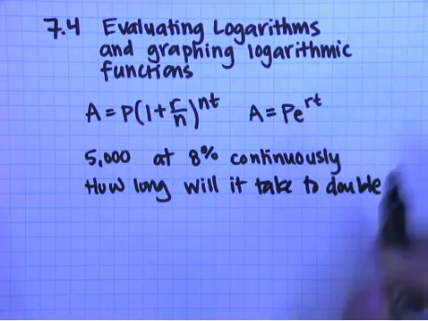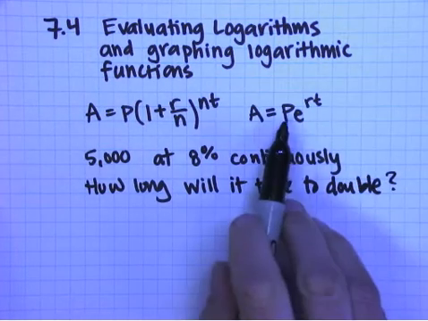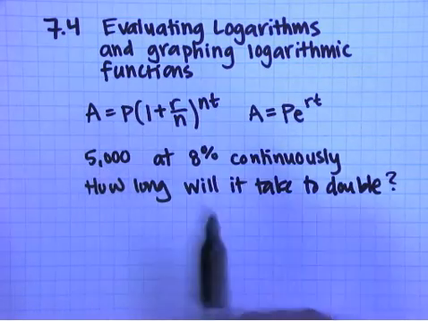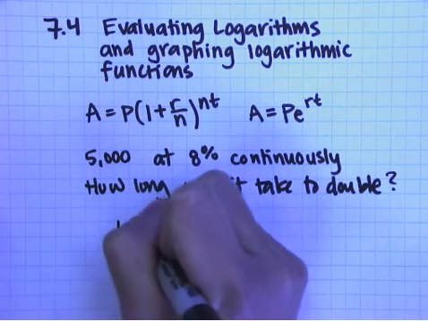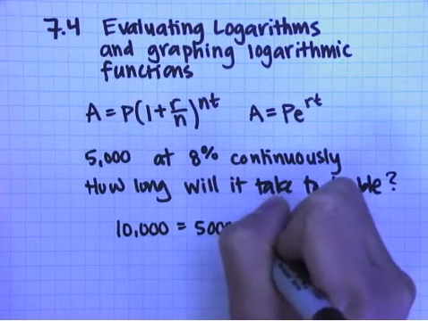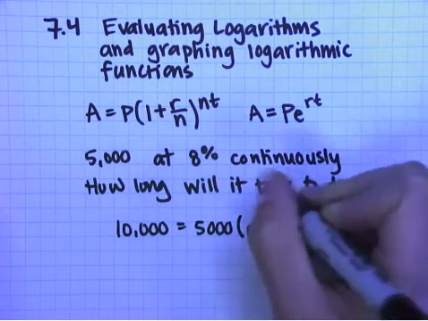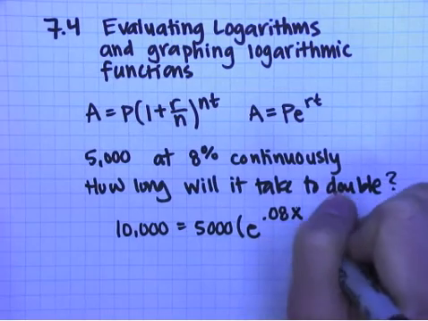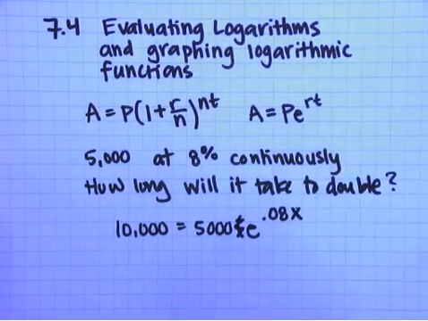Well, since I see the word continuously, that tells me to use PERT. And I know doubling 5,000 would be 10,000. So I would write out the equation 10,000 equals 5,000 times e to the 0.08, because that's my 8%, x. Okay, and actually I don't need a parenthesis there.